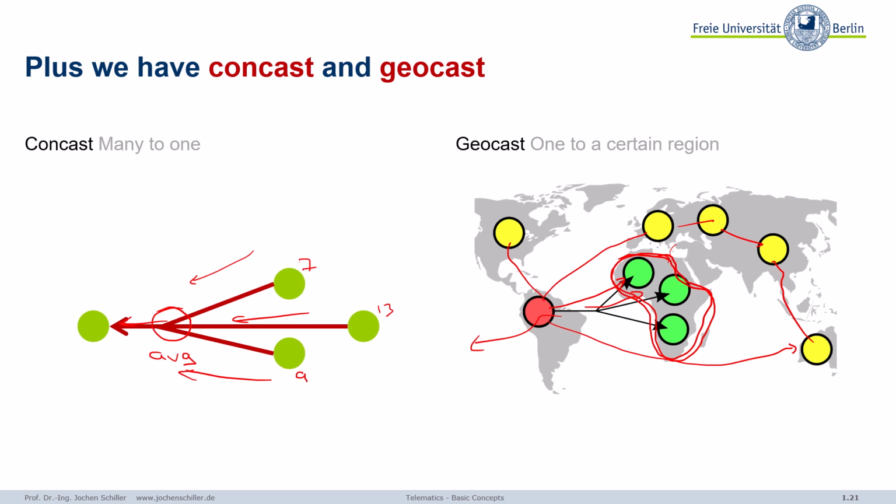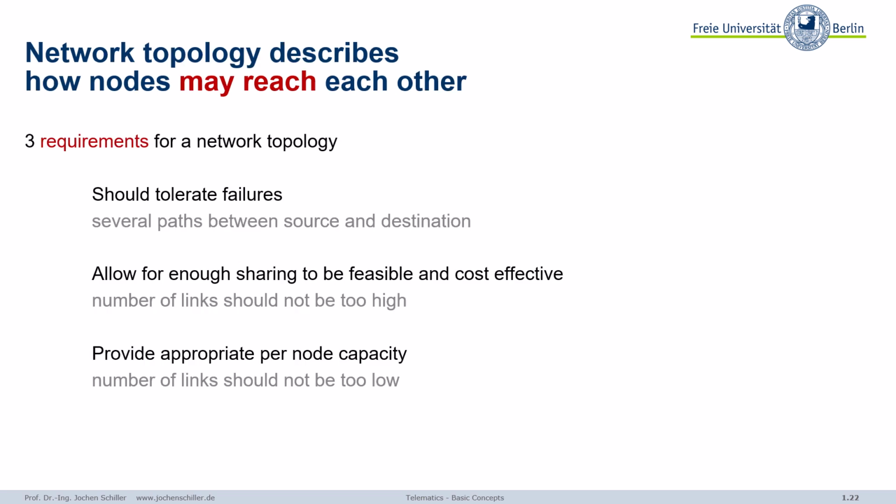Okay, so now we learned a bit about how we can forward data in different scenarios, but it's quite important how those computers, the end systems, are interconnected. In the examples I have just shown you, they're somehow connected, just drawing some lines.